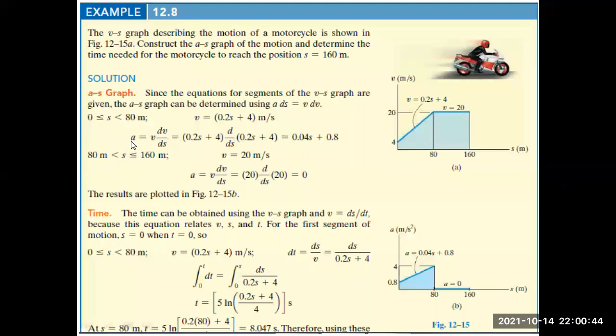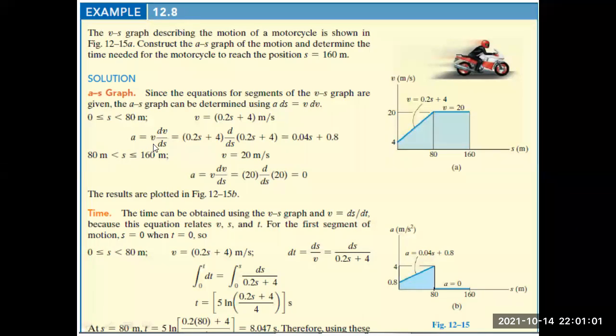This is what you're going to do: A is equal to V times dV over dS. Okay, V times dV over dS. I can plot A using this equation.